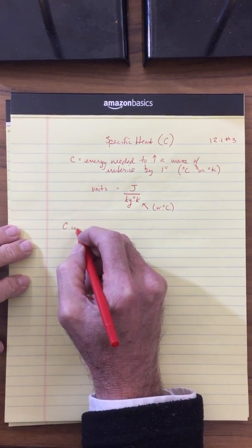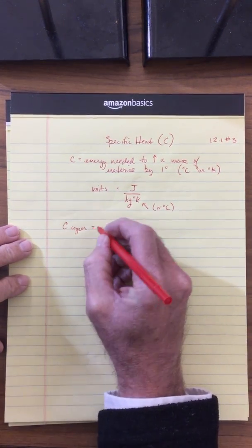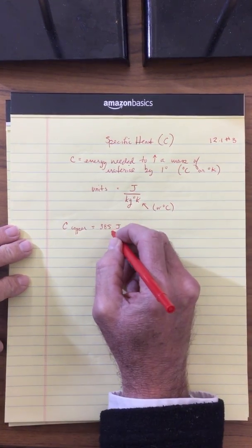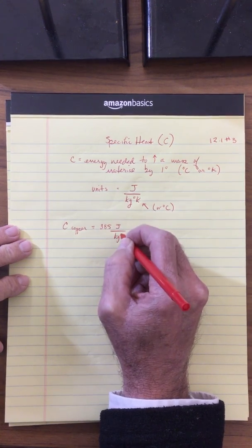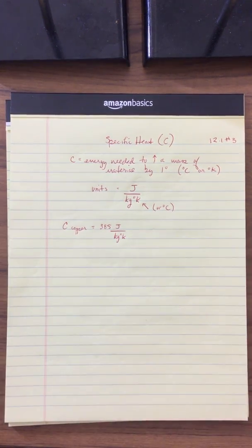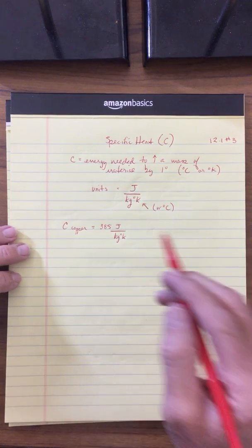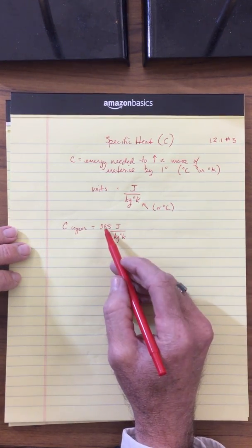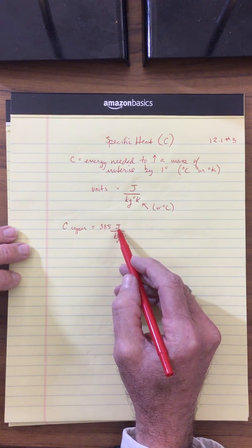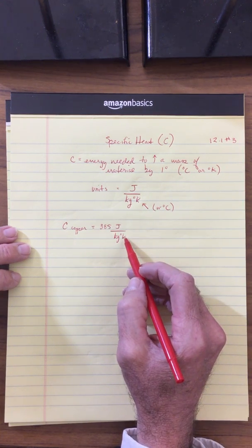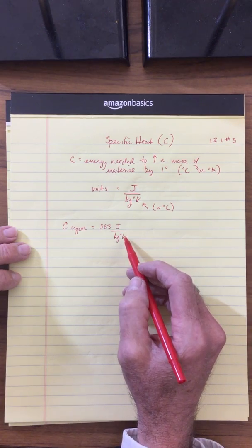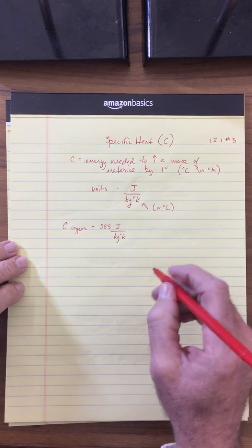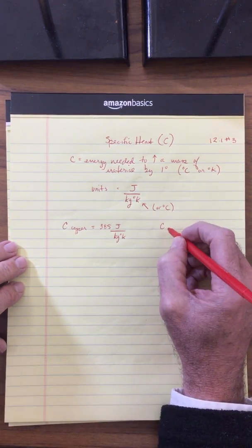The specific heat for copper is 385 joules per kilogram degree Kelvin. Meaning if you have 1 kilogram of material, it will take 385 joules to heat it 1 degree, either Kelvin or degrees Celsius. Let's take a look at the specific heat for water.